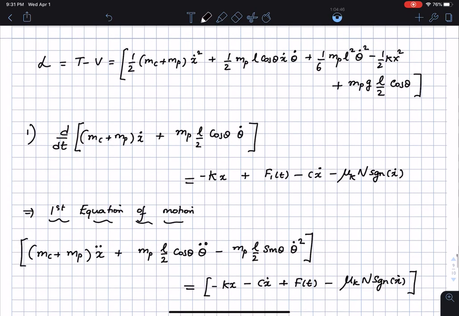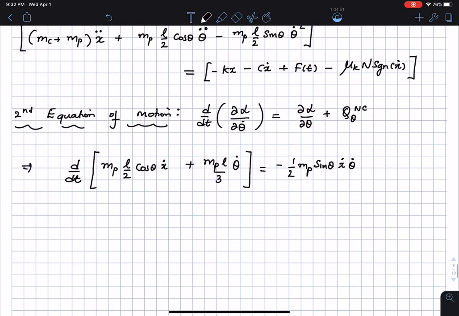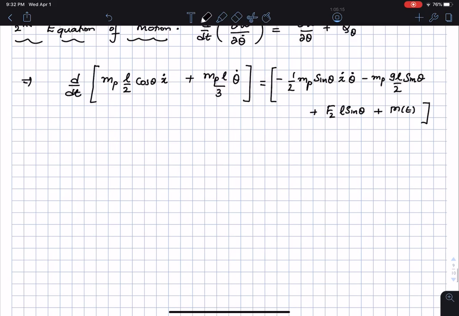Then I'm going to have mg L by 2 cos theta becomes minus mg L by 2 sine theta. Okay, and that's minus mp g L by 2 sine theta. And then I have q theta non-conservative as well, which is going to be plus f2 L sine theta plus m of t.